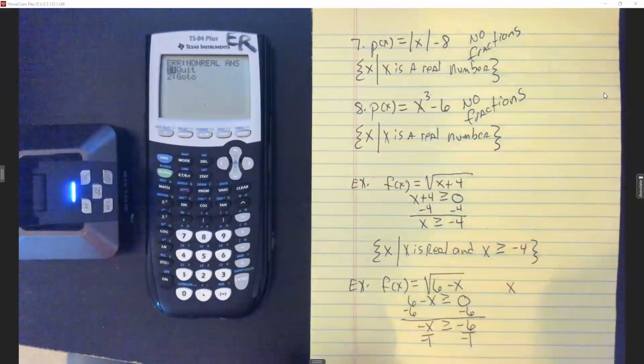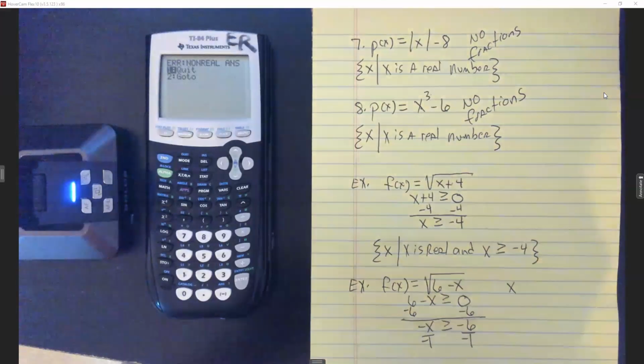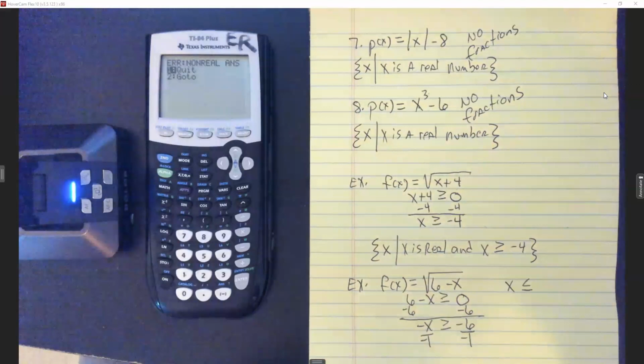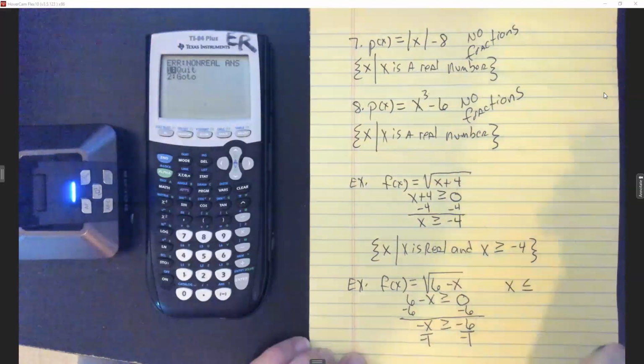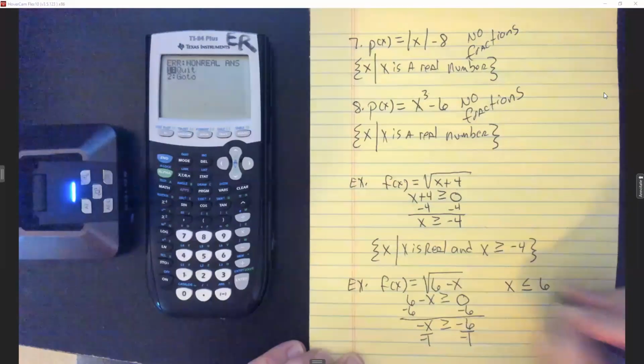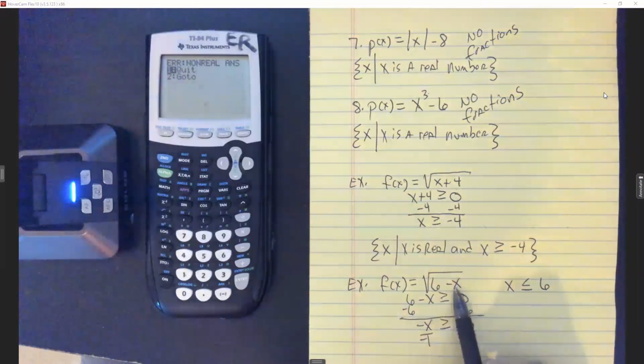What would I do next? Remember, there's one thing. Flip the sign, yeah. I gotta flip it, right? I gotta make that a less than or equal. So anytime you divide or multiply by negatives, you gotta flip the little inequality around. And then -6 divided by -1 would make that a 6. So 6 minus 6 would give me 0. I could do that. But any numbers bigger than 6, like a 7, 6 minus 7 would make that -1, which I can't do.